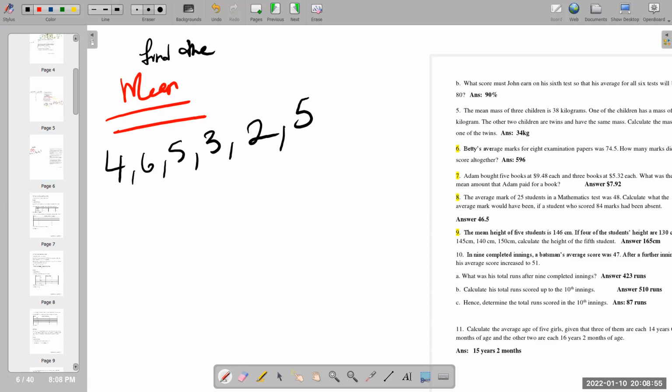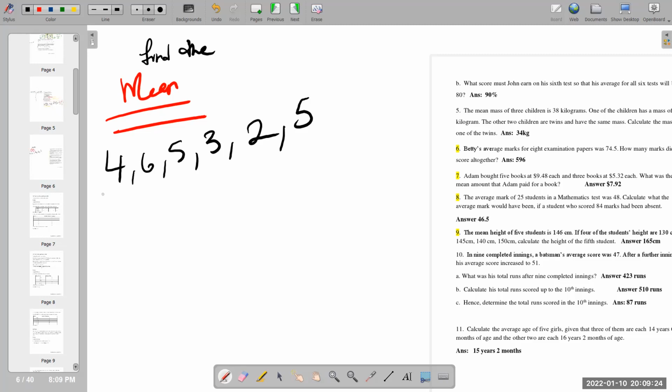So let's take a look at what we need to do. What is always step one, everybody? What is the first thing I should write? Nope. We can't just start adding. We always write the formula. So I'm letting you know, please make this a habit. Write the formula. You know why? Sometimes, most times you get marks for the formula.